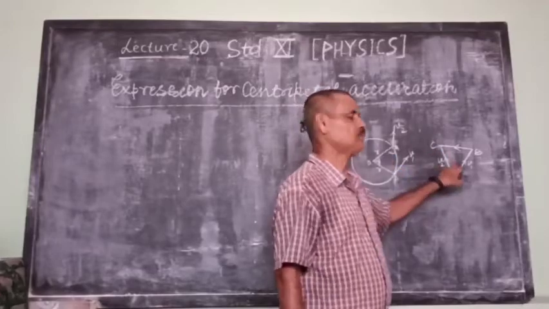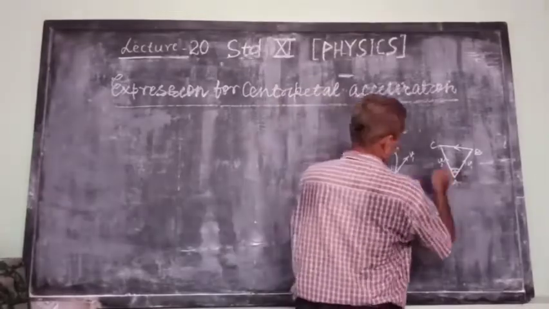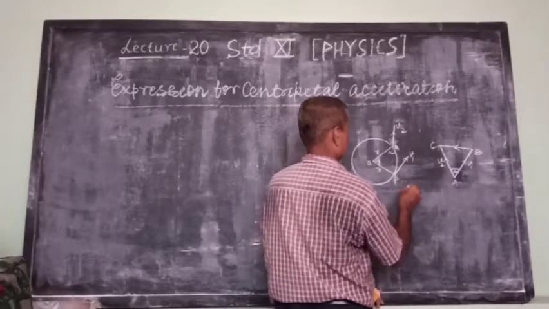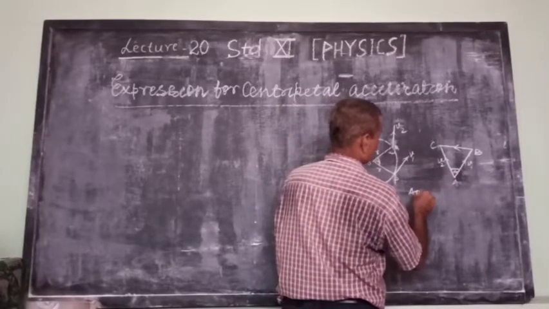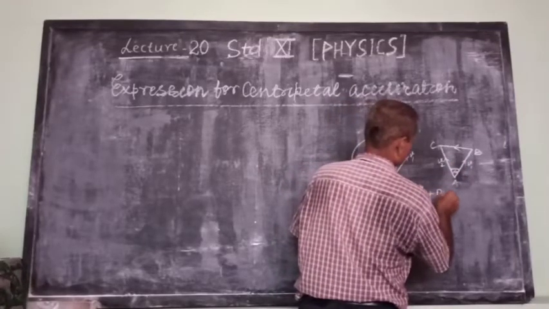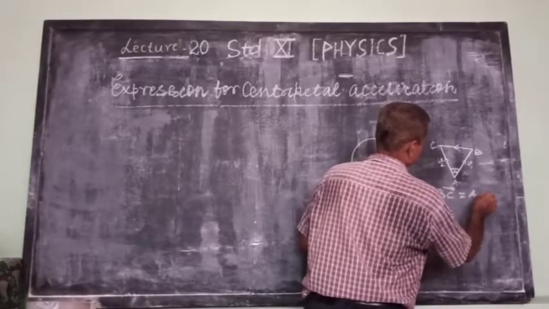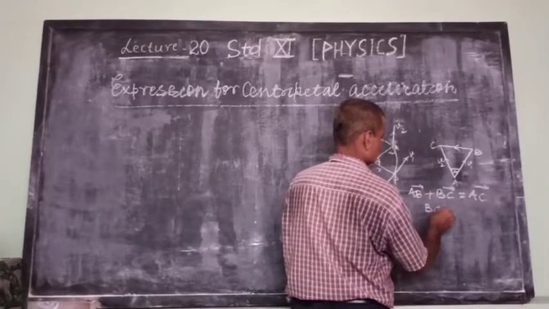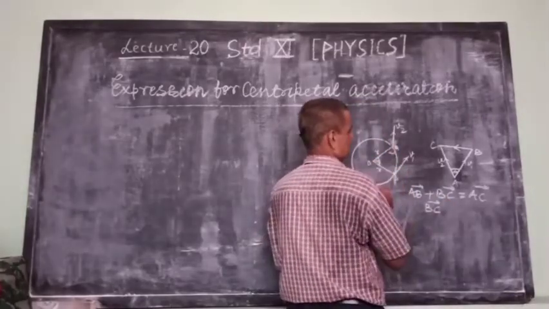Okay. So first of all, in this diagram, we can write what? Vector law of addition, triangle of AB plus BC, that is equal to AC. So the value of this BC, means the change in position, that was here PQ.